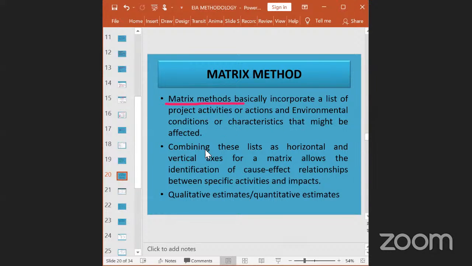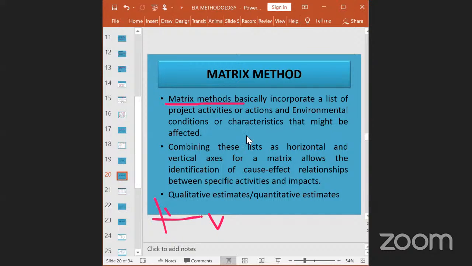Combining these lists as horizontal and vertical axes of a matrix allows the identification of cause-effect relationships between specific activities and impacts. A simple interaction matrix is formed when project actions are listed on one axis, usually vertical, and environmental impacts are listed along the other axis.